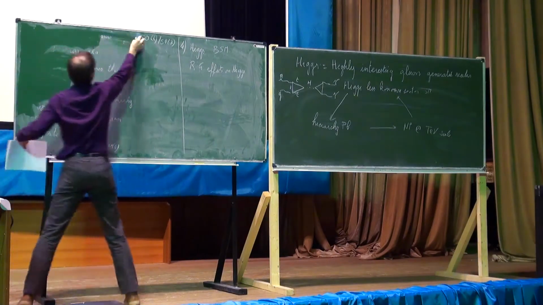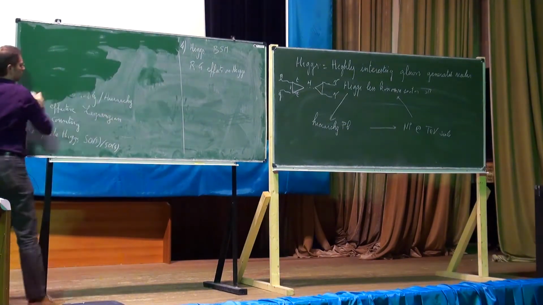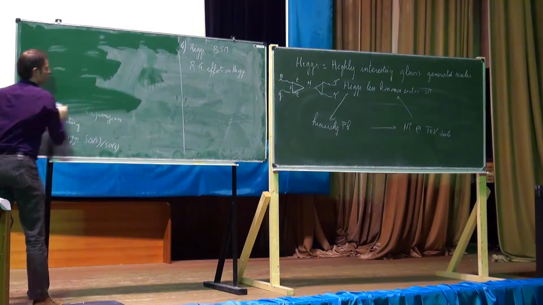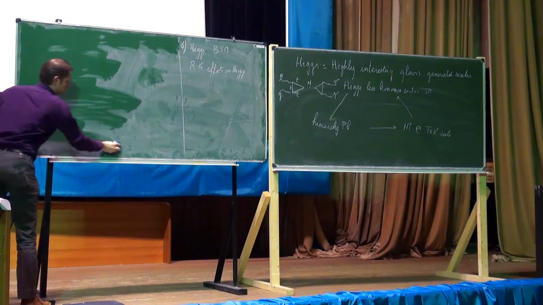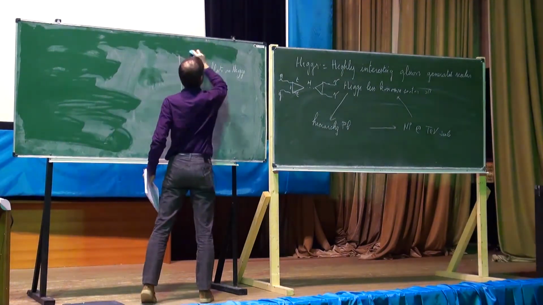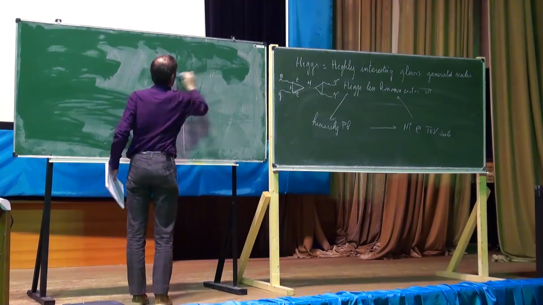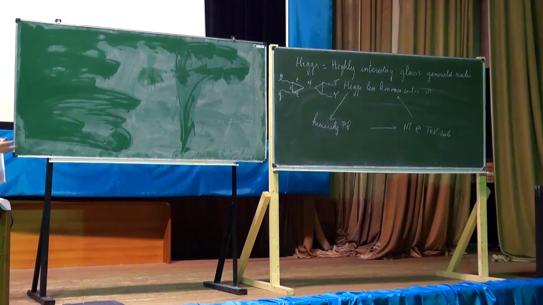And to describe those interactions, you simply have to write a Lagrangian which is invariant under the Standard Model gauge group. So typically, some dimension 6 operators that are invariant under SU(3) x SU(2) x U(1). And you can start looking at what the constraints are on the scale that suppresses those dimension 6 operators.